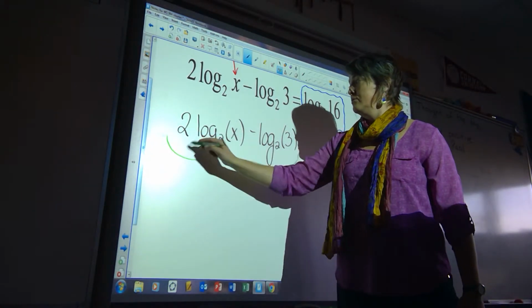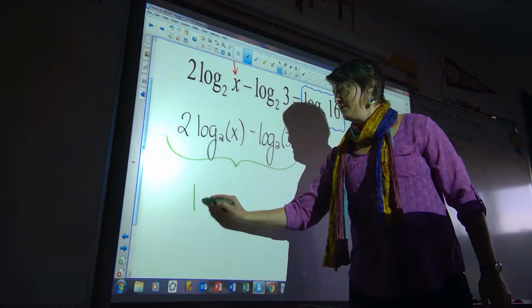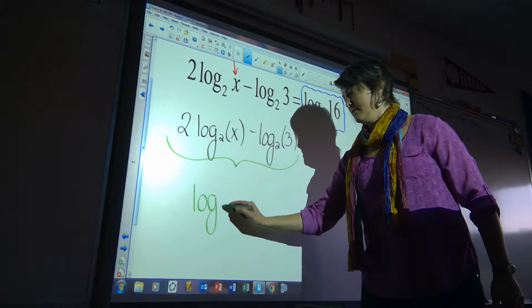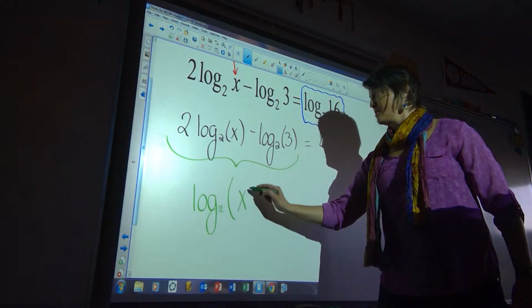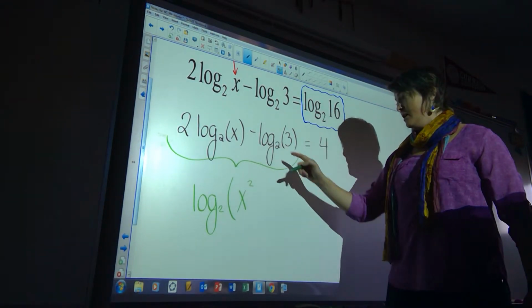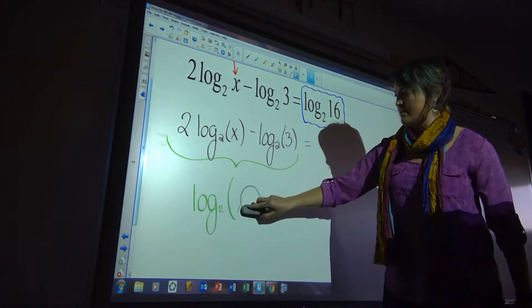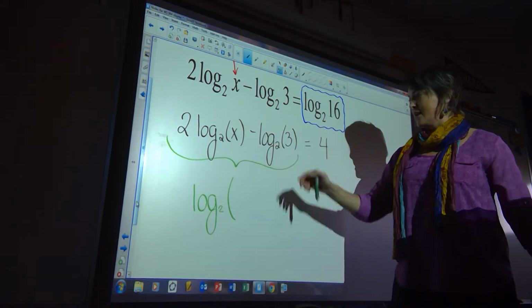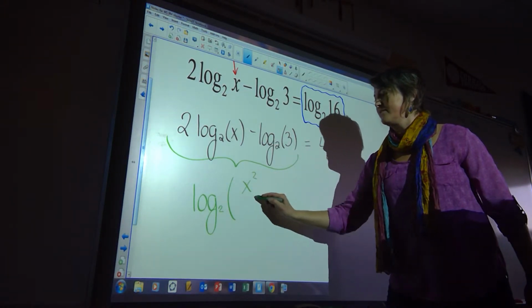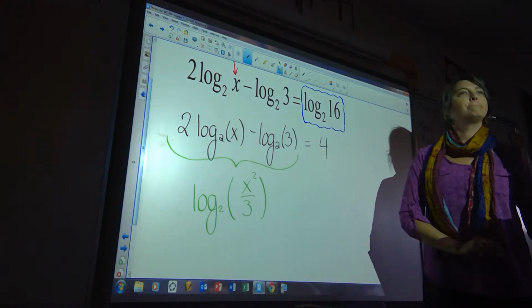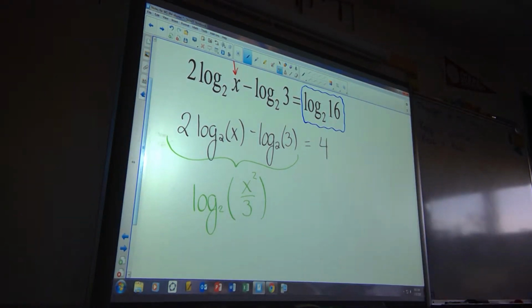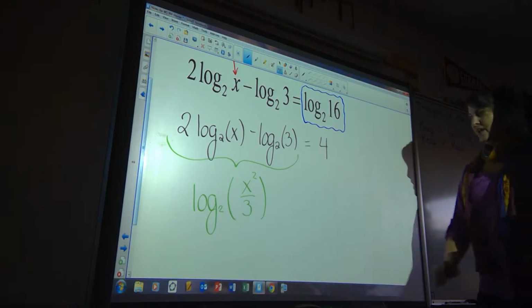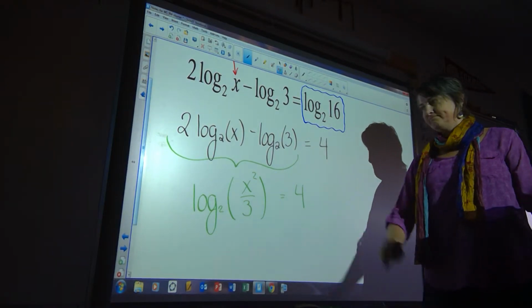This 2 will come up and be an exponent on the x. So I'm going to get an x squared, and the minus means it's going to be divided, so I'm going to have x squared divided by 3 when I condense that. And then that equals 4.